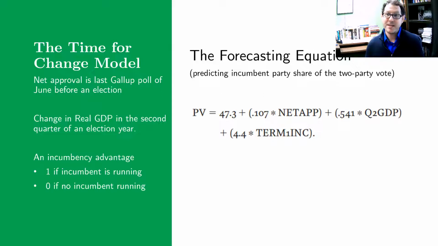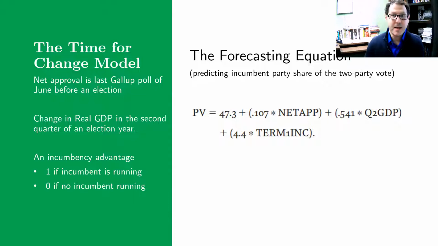And for every point of net approval for the president, you're going to have an increase of 0.107. So if the president is 50-50, they get nothing. If they're at 51-49, that would be a 2. Then they get 2 times 0.107.